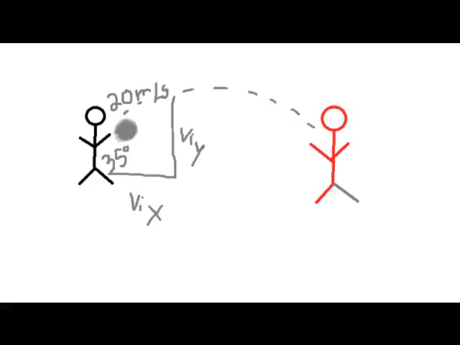Delta x equals Vx times t, which is 16.4 times 2.3. This gives us 37.72 meters. Fred needs to stand 37.2 meters away in order for Sarah to hit him with the rock.